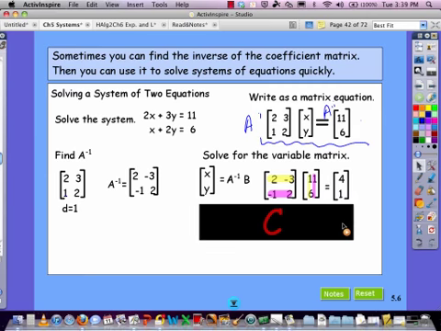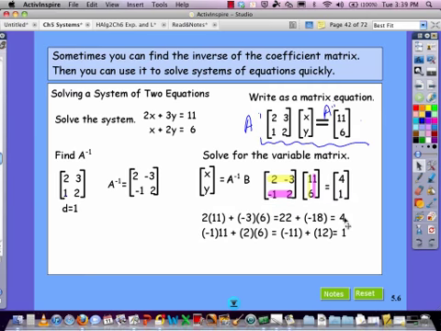So in the end, we should be able to say, with the multiplication there, that XY, 2 by 1, really is the ordered pair 4, 1. So x equals 4, y equals 1 was our solution to this combination.